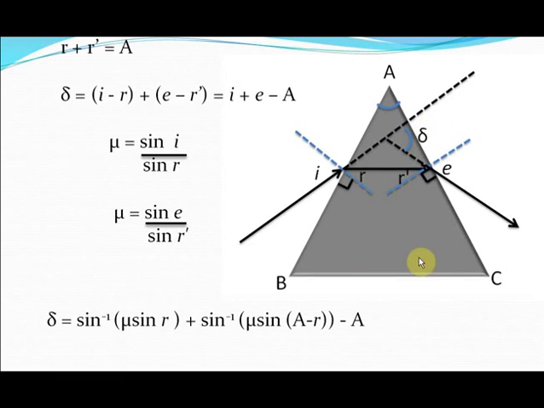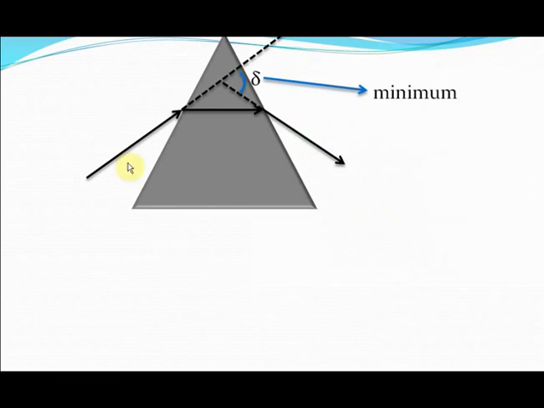Now what if delta is minimum? We just derived an expression for the angle of deviation delta in terms of sine inverse of mu sine this and that. If delta is minimum, d delta by dr will be equal to 0. So in the expression that we just derived, if we differentiate that expression with respect to r, then the differential should be equal to 0 for delta to be minimum.